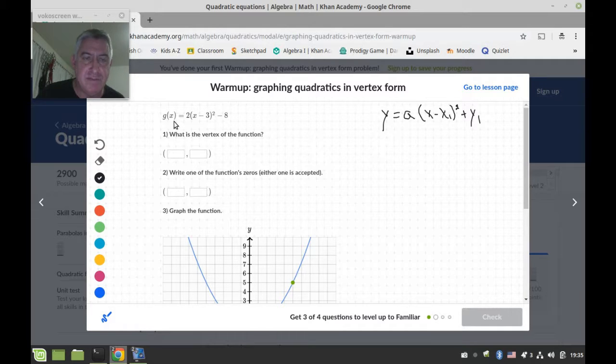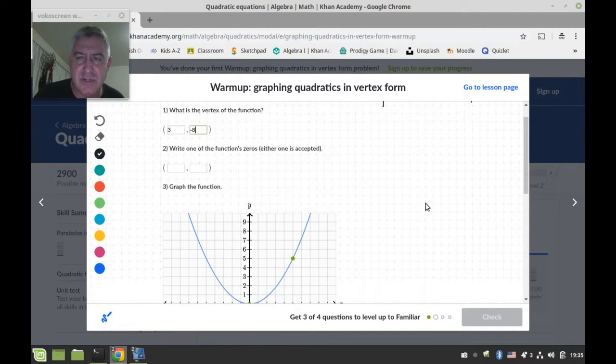So here I have not y, but I have function notation, g of x. 2 times x minus 3, so I know the vertex x-coordinate is 3, and over here I have minus 8, so I know the y-coordinate is negative 8. The vertex is 3 comma negative 8.